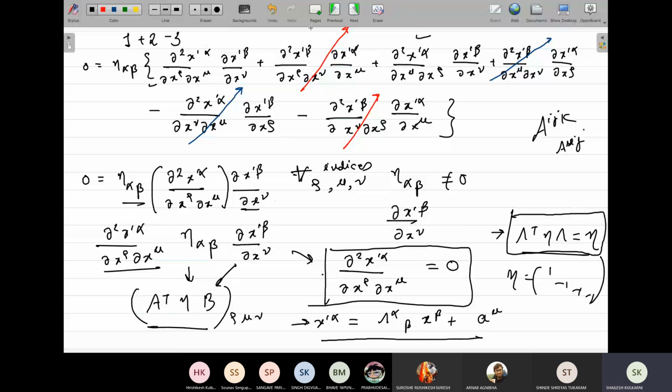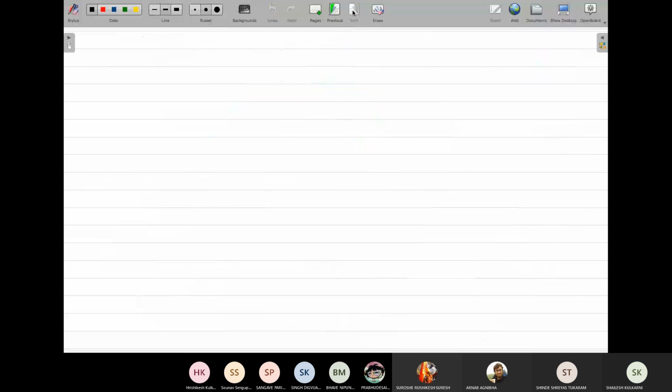From this condition alone, what do we find? We have lambda transpose eta lambda equal to eta. Firstly, the most general Lorentz transformation, or inhomogeneous Lorentz transformation, is given by this.